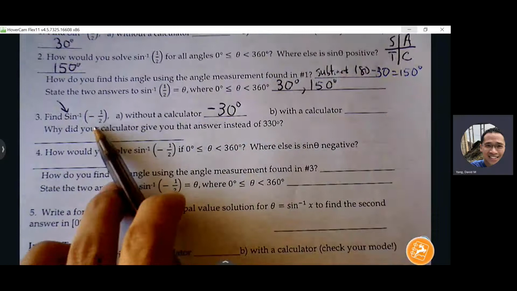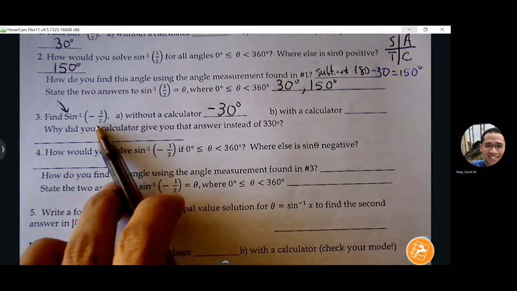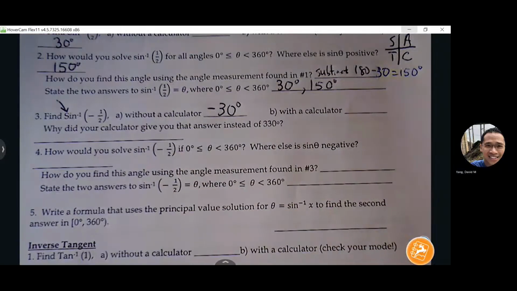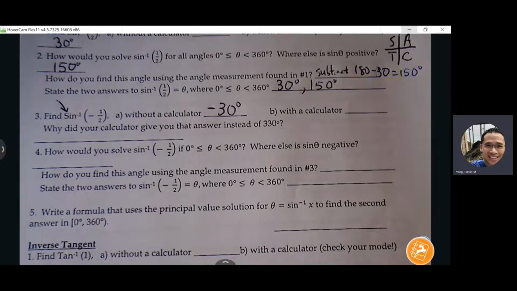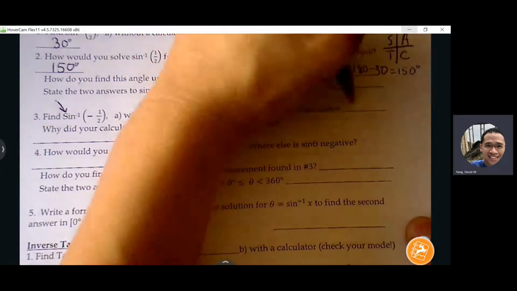Okay, try entering that into your calculator, and you should get the same thing. Make sure you're in degree mode. You can double tap sine to get that inverse sine. Yeah, negative 30 degrees.